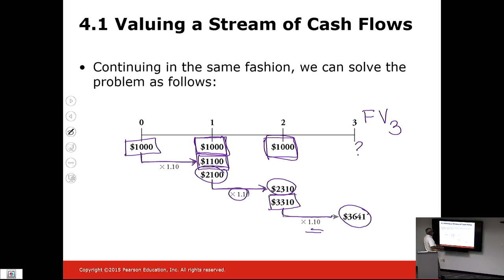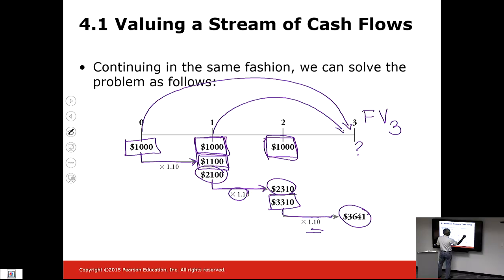The other way to have done it is to take this 1,000 and calculate its future value in year 3, and likewise for each of the other two 1,000s. Applying our model, the first cash flow's value in year 3 would be 1,000 times 1 plus 0.1 raised to the power 3, because there are 1, 2, 3 periods between year 0 and year 3.